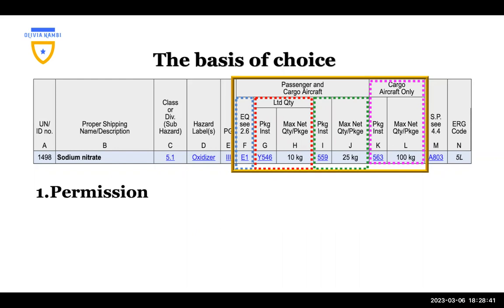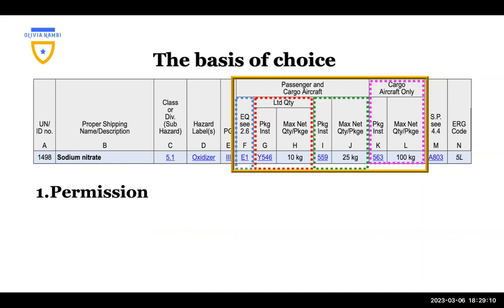For limited quantities, we shall see the word forbidden. Passenger and cargo aircraft under column I and J, we shall see the word forbidden. And so is cargo aircraft only. Under column K and L, we shall see the word forbidden. So if you see the words forbidden, forbidden, forbidden, then that means that you cannot ship that specific article or substance under those specified provisions.